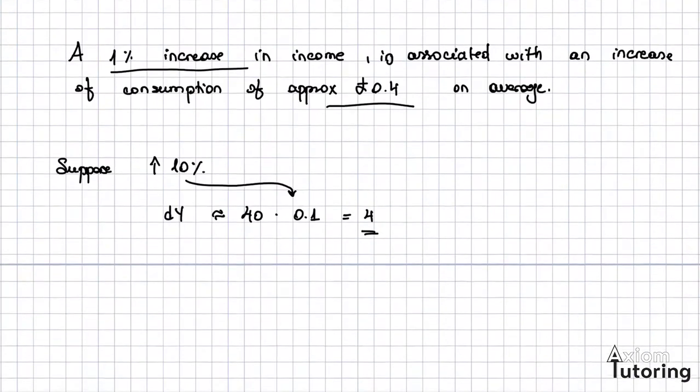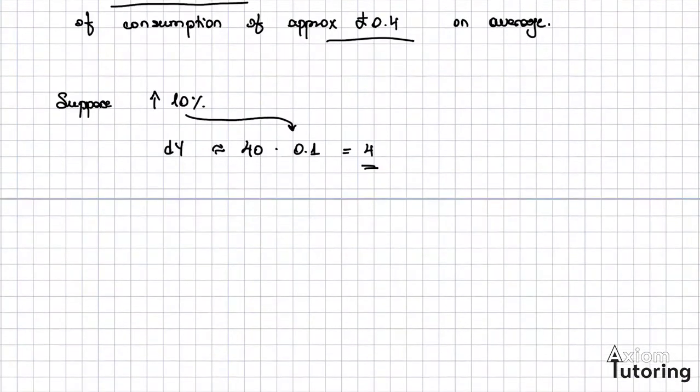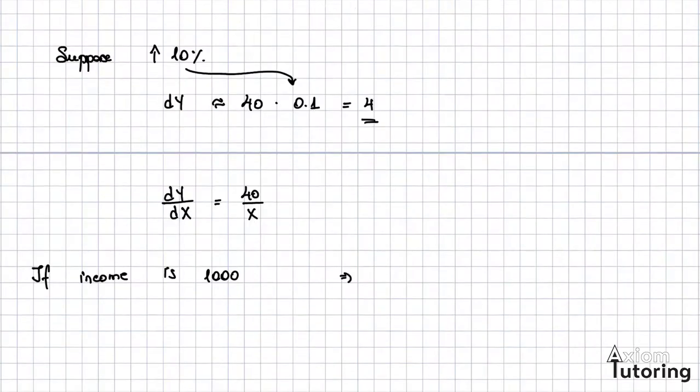Now, if we use the derivative, we have dy over dx equal to 40 over x. So keep in mind, if income by itself, not the ln income, is 1,000, then I have 40 divided by 1,000, which is 0.04.